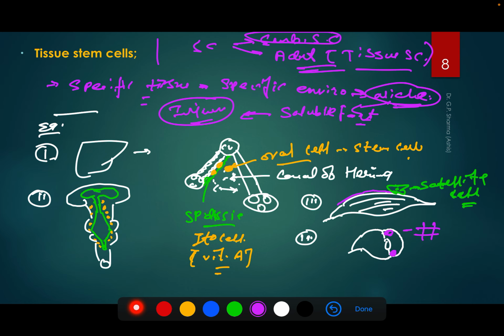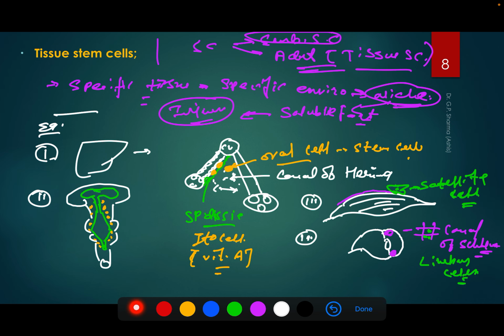So this fiber network is called the canal of Schlemm. This is the site for the transport of the aqueous humor. So we have some kind of stem cells present within the canal of Schlemm. These cells are called the limbus cells. What are they called? Limbus cells. So these are also stem cells.